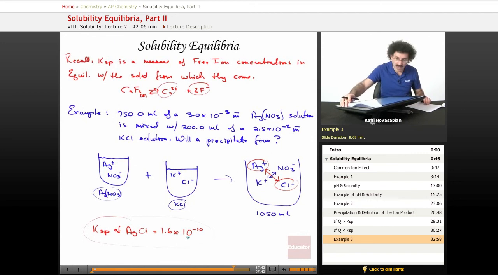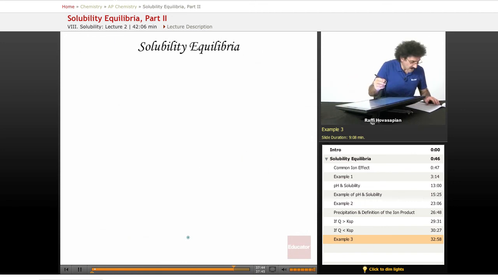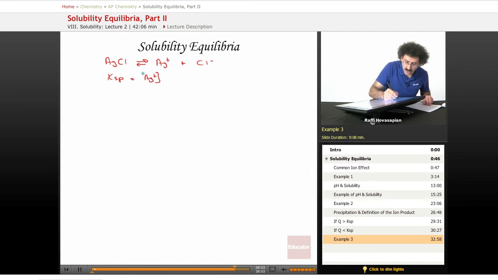Okay, so let's actually do the math. So now let's go ahead and write out the possible reaction. AgCl is going to be in equilibrium with Ag plus and Cl minus. It's 1 to 1. Our KSP expression equals Ag plus times Cl minus.